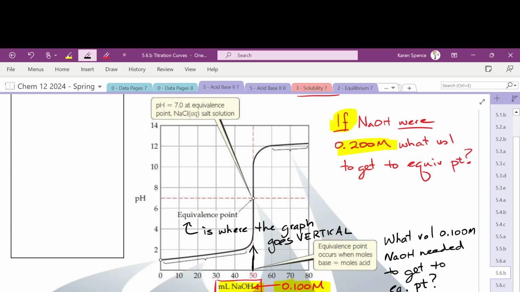Now, what if we changed the molarity of NaOH from 0.1 molar to 0.2 molar? What would happen to the volume needed to get to the equivalence point? Would it be the same volume? I'll give you three choices.